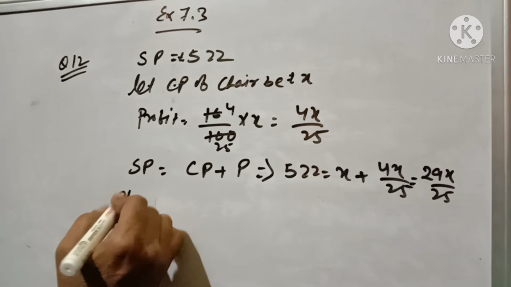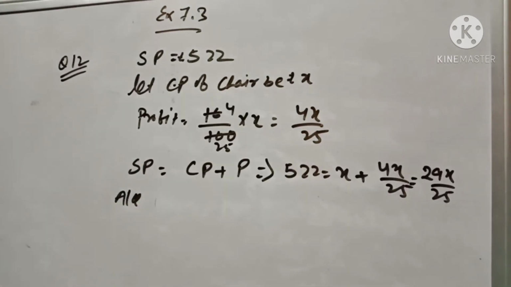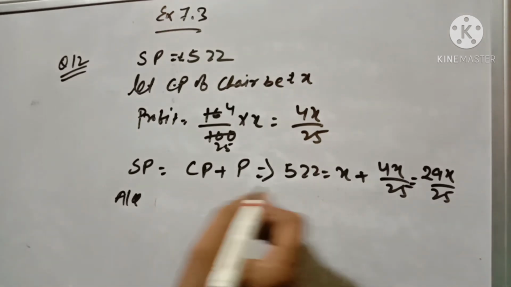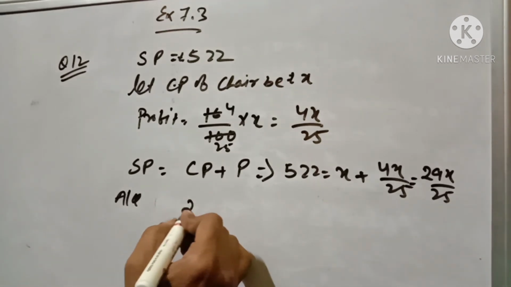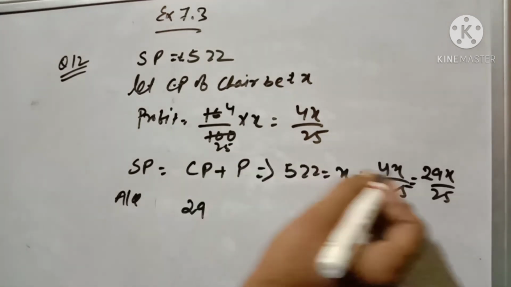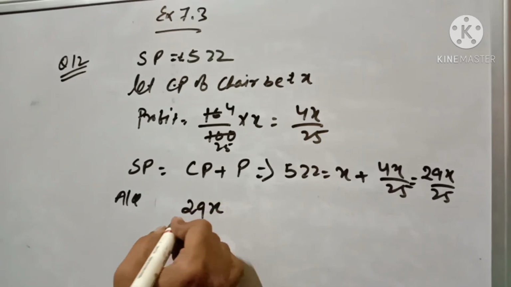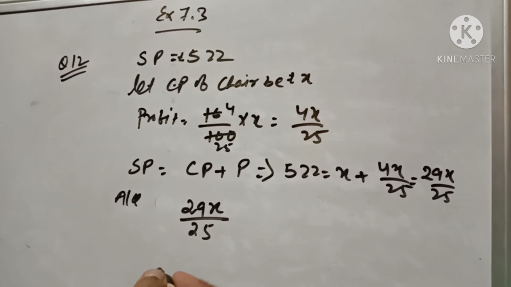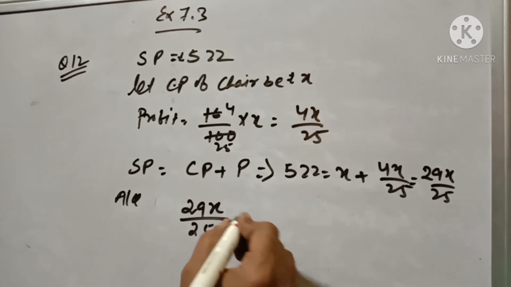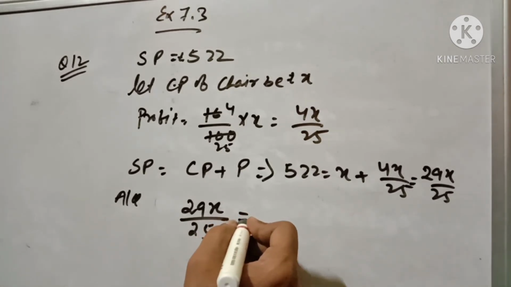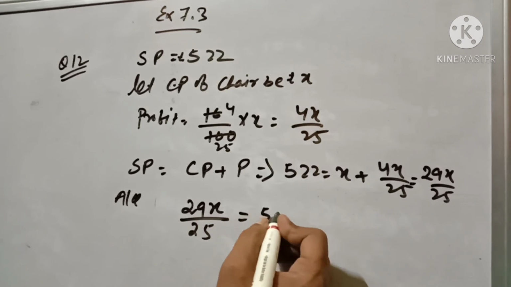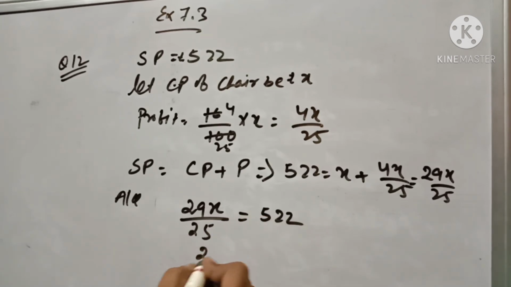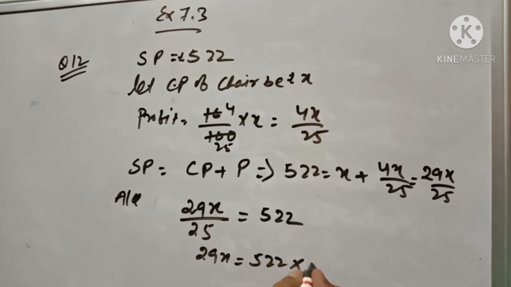According to the question, I can write that 29x by 25, this is our new SP, equal to 522. So 29x equal to 522 into 25.